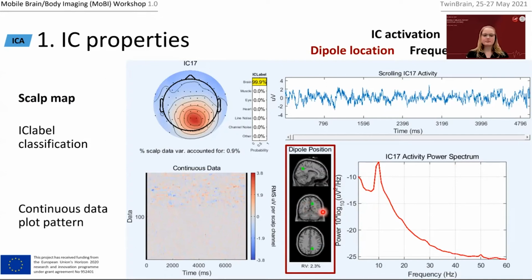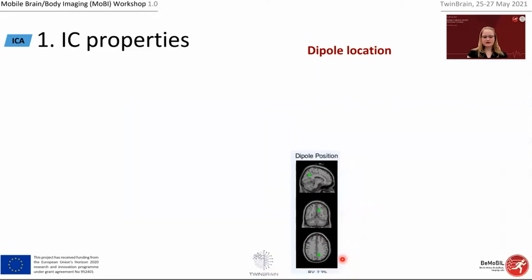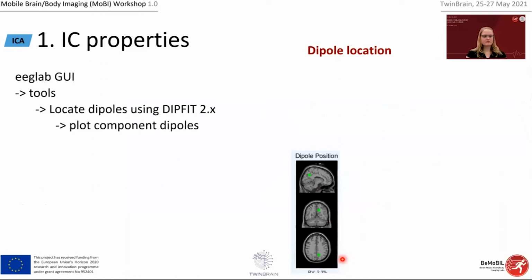For example, muscles can be located outside of the head. So that's just the three different perspectives on the head: from above, from the back, and from the side.